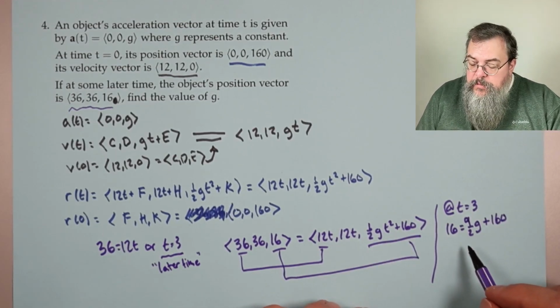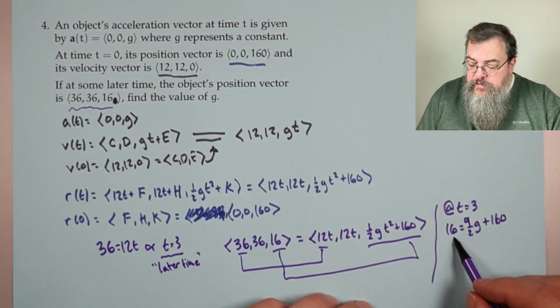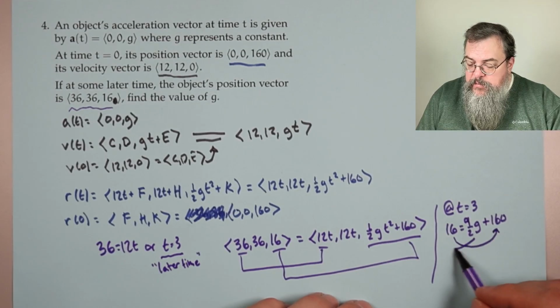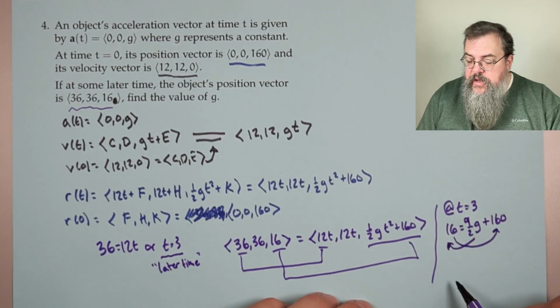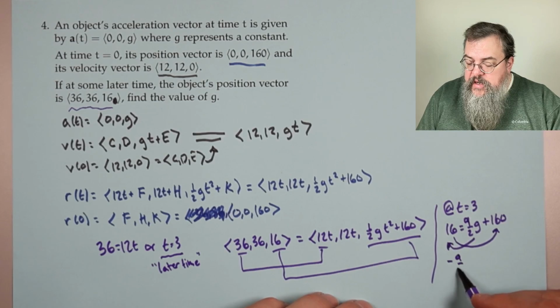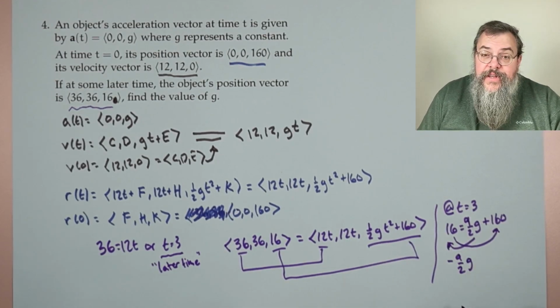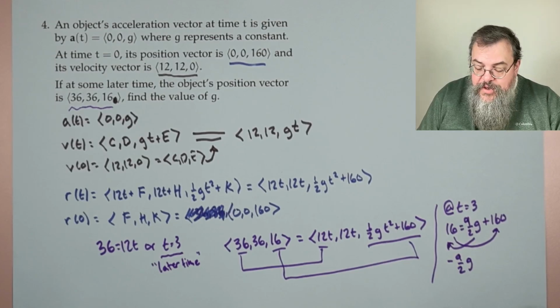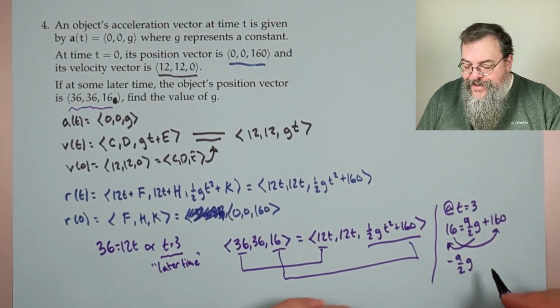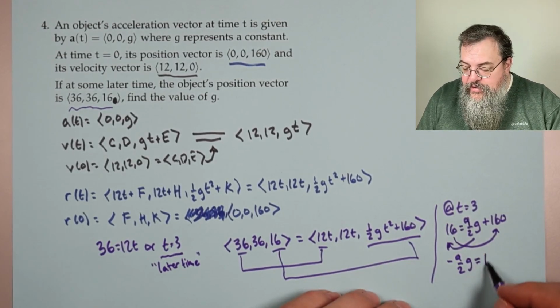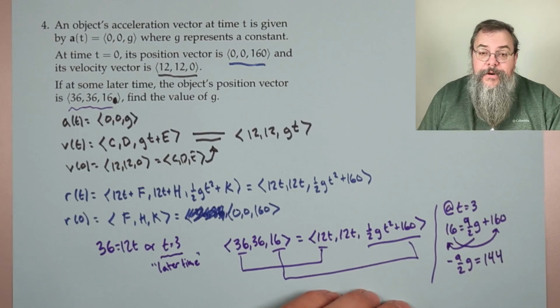Well, we can move things around. We can subtract the 16, and so minus 9/2 g equals 160 minus 16, which is 144. Okay, good. I'll trust you. All right, 144.